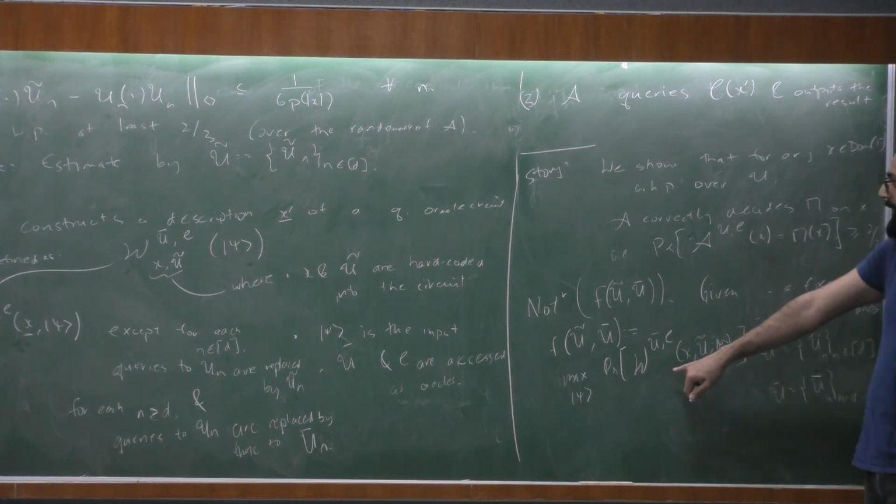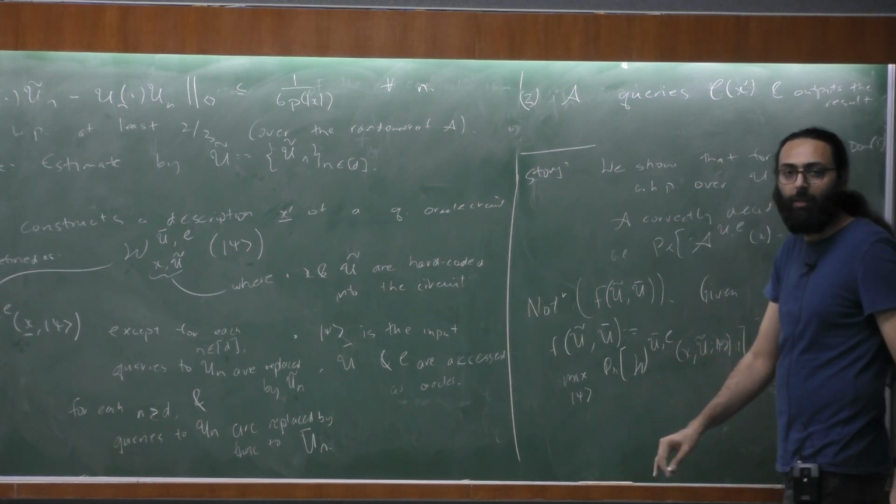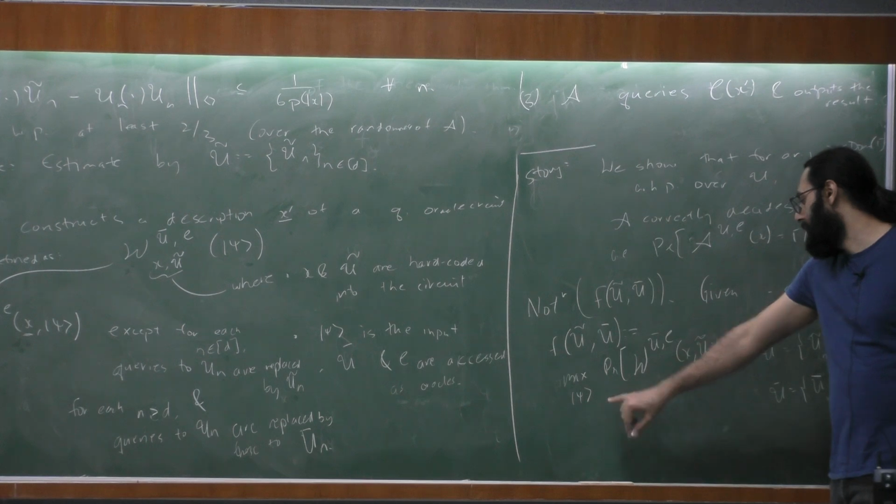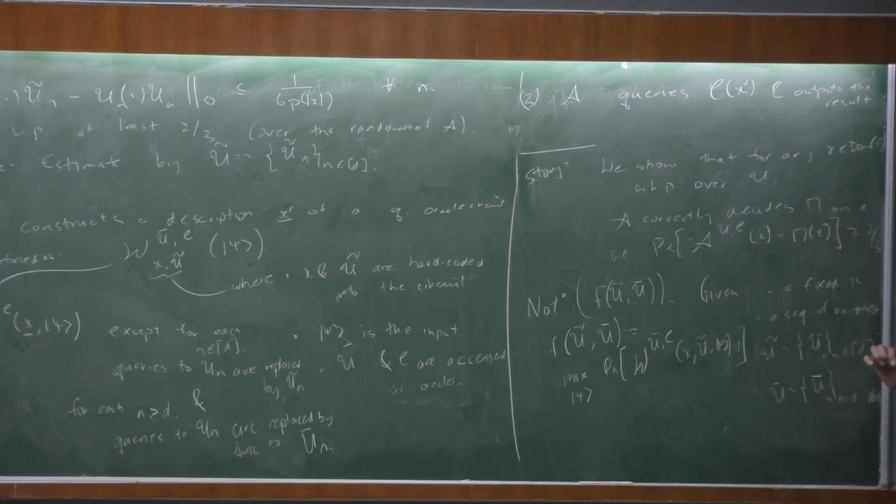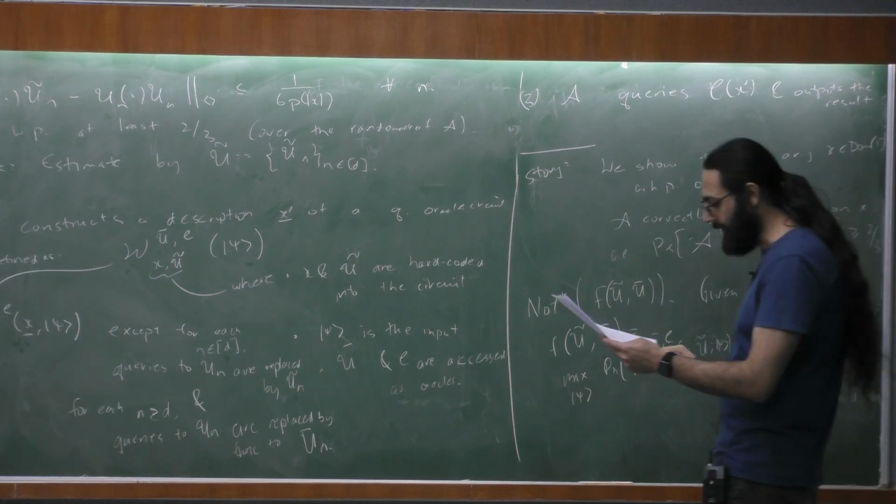Basically it's the same as the W machine, but you're maximizing over all possible witnesses. Is that okay? So that's just the definition of what f is.